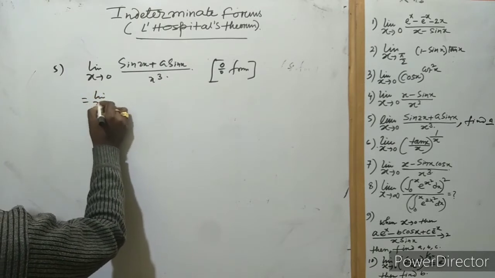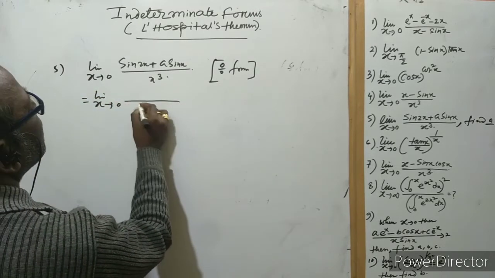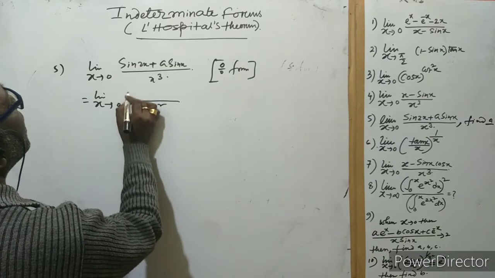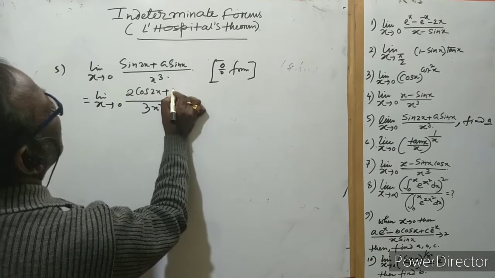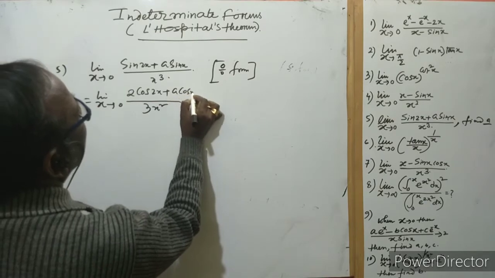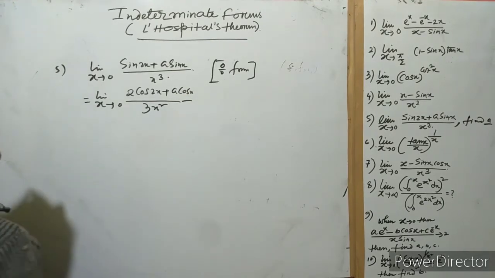We apply the L'Hospital rule. So that's why we differentiate. We get here 3x square in the denominator, and in the numerator 2 cos 2x plus a cos x. Since it has a finite value, that is the condition given, the limit is a finite value, okay.